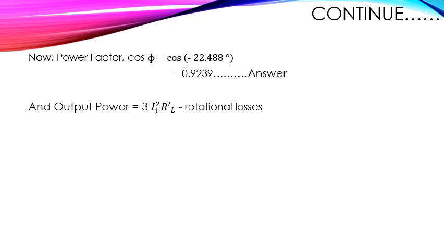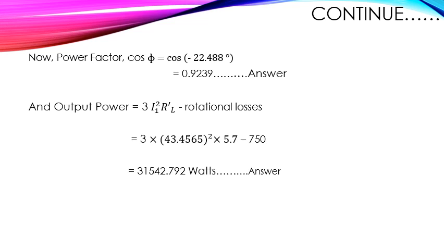Then take the cos of the angle of the stator current, and we will get the power factor. The power factor is 0.9239, and then output power can be calculated by using the equation 3I1 square RL dash minus rotational losses. So 3I1 square is what? That we have found out, that stator current 43.4565, right? Then put the values and get the output power as 31542.792 watts. Okay.